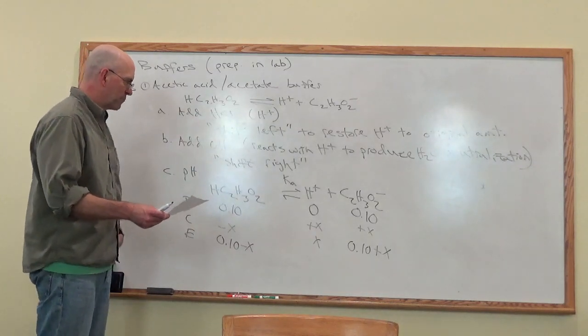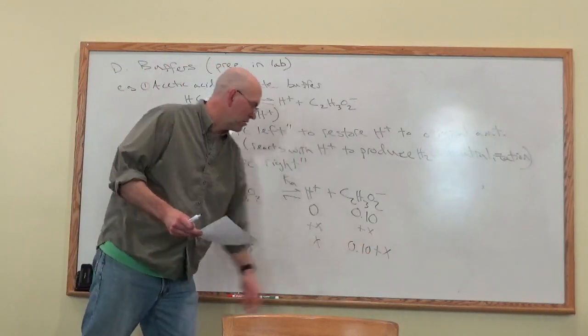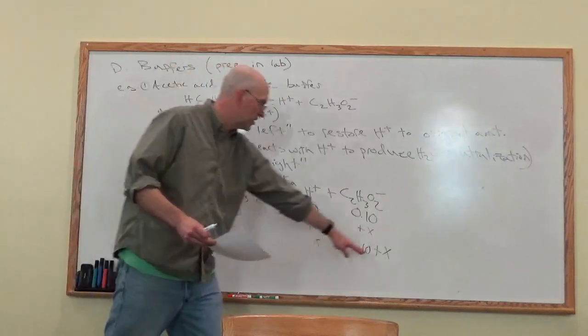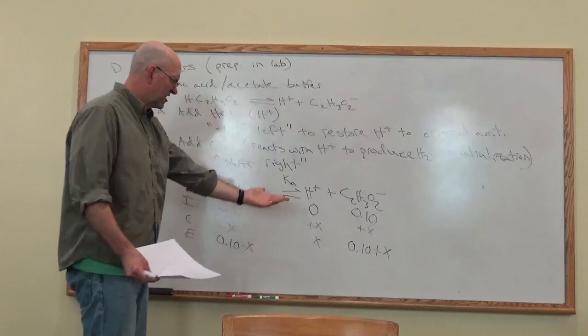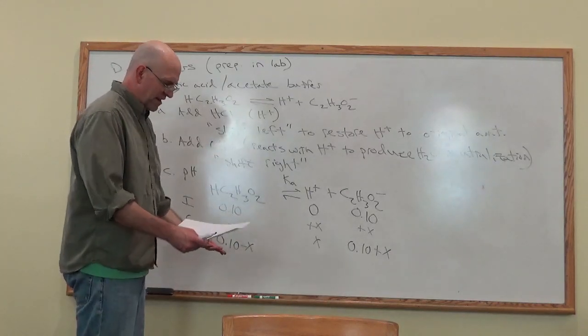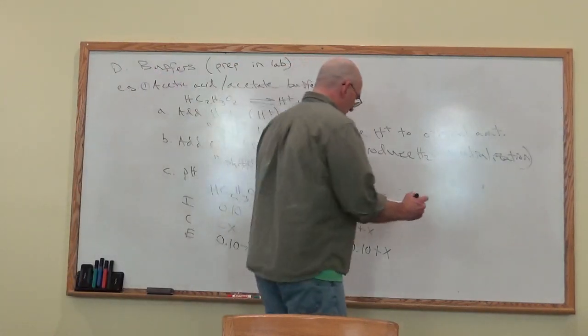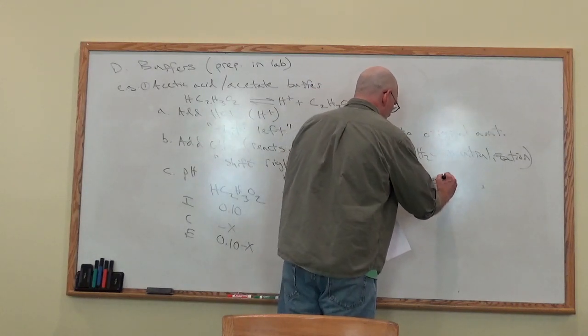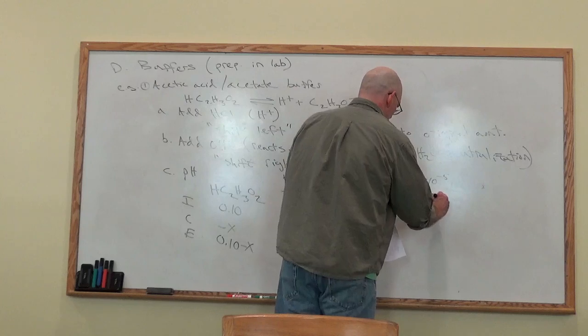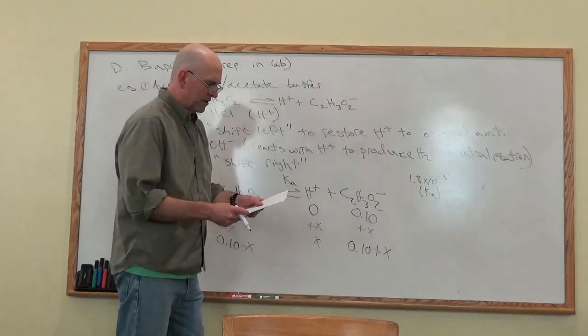So we're going to apply the 5% rule here and here. If it applies to that 0.1, why wouldn't it apply to that 0.1? It has to. We haven't seen a problem exactly like this before, but it's the same basic idea. So here we have Ka, which is 1.8 times 10 to the minus 5. We've used that before, you can look that one up.